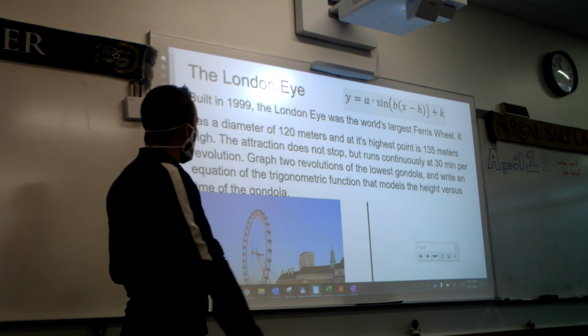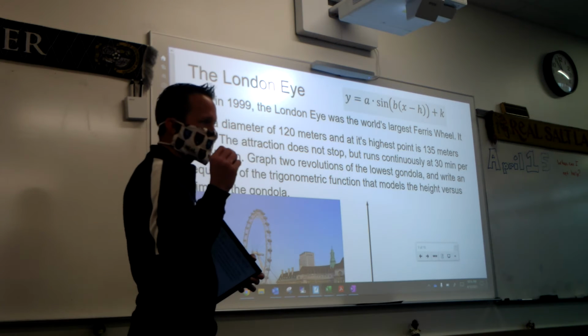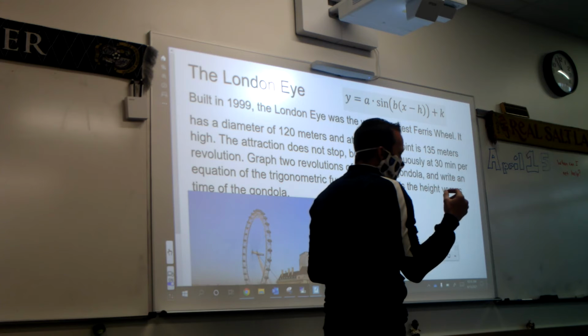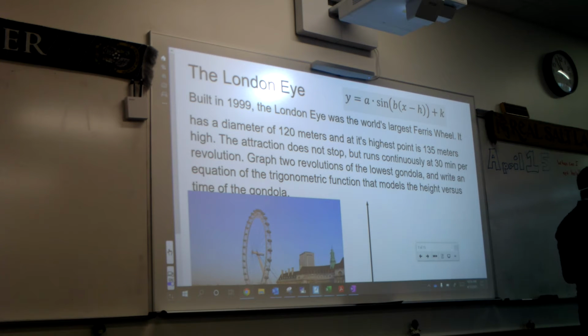I'm going to ask Jade, will you read this for us? As she's reading, what I need you to be watching out for are some key details to help us graph to make the sine waves like what we just saw. So be paying attention to specific things that would help us graph it. Go ahead, Jade. Built in 1999, the London Eye was the world's largest Ferris wheel.